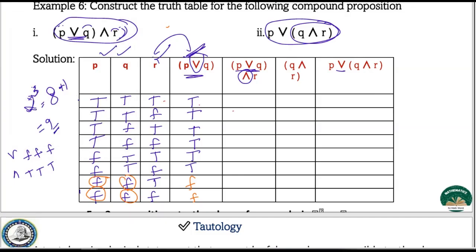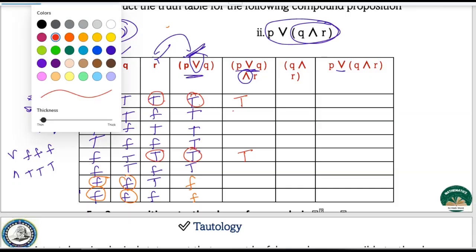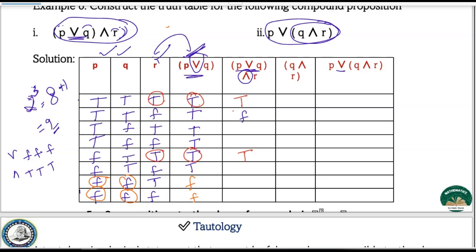No. Yes, here we have T and T, it is T. Then T and T, it is T. Otherwise, everything else is false. Then Q and R. Now we have to check for Q and R.